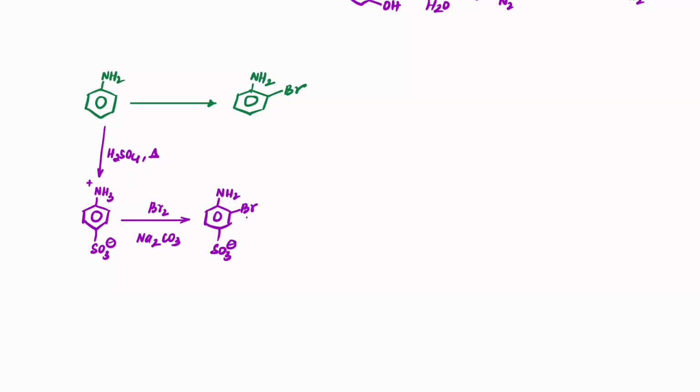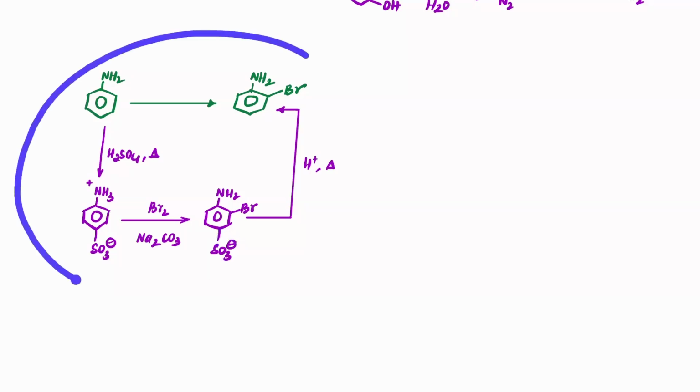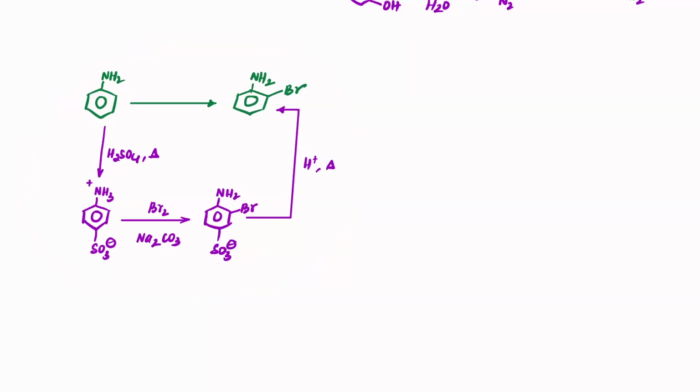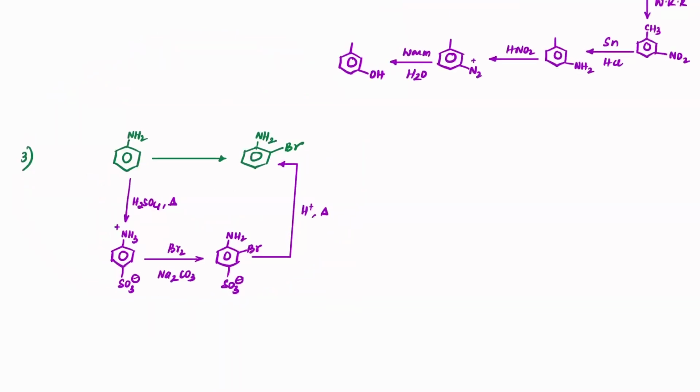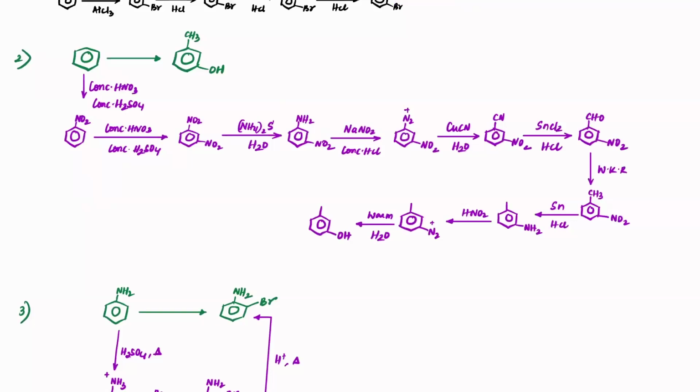And you know that SO3 minus will always undergo ipso substitution when you treat this with dilute H plus and heat, which means SO3 will go away and hydrogen will come in. So this is another important way of conversion into products. Clear, guys? Okay.